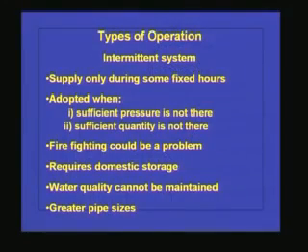Another important thing is, in an intermittent system you may have to use larger pipe sizes, because the whole day's demand is met only during a few hours of the day, or let's say 80% of the demand is met in only 3 hours of the day. That means the discharge or flow rate through all these pipes will be very high. So to carry that discharge, you need larger pipes. That may be very uneconomical.